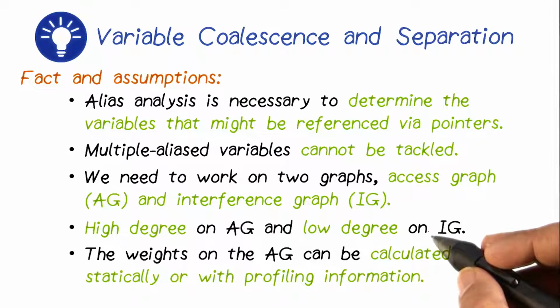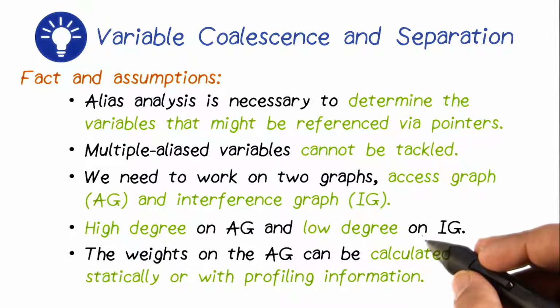And so, as shown in the instructor's manual, the algorithm starts picking up pairs of nodes which could be potentially coalesced, two webs that could be coalesced, and in each step keeps track of the costs in terms of the access graph and tries to reduce this cost as much as possible.